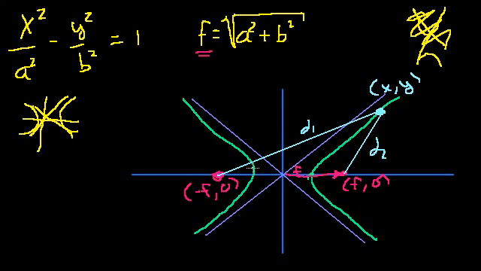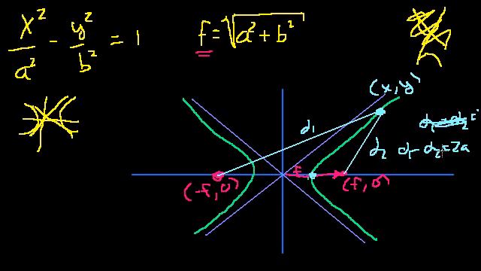The hyperbola in fact is all of the points that satisfy that condition. And we learned in the last video, by picking a point, that the difference of the distances is 2a. So d1 minus d2 is equal to 2a.